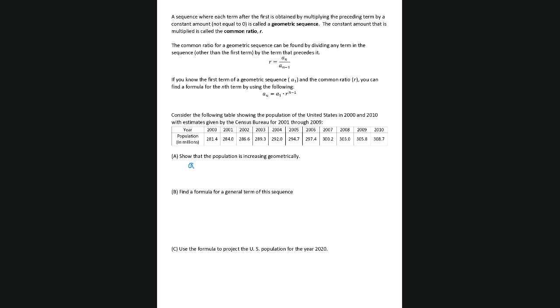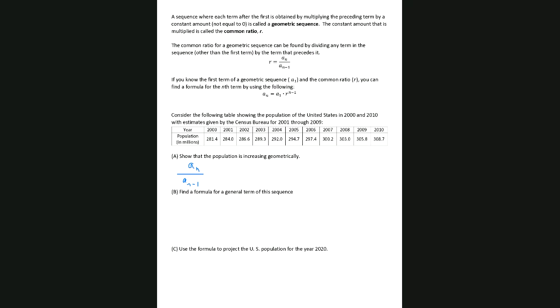a sub n over a sub n minus 1, and see if I get the same number. Now, if you take a couple of these pairs of numbers and divide them and you don't get the same ratio, then this is not a geometric sequence, okay? So let's take a look first at, I guess, just 2000 and 2001.